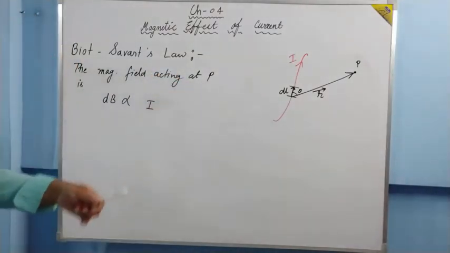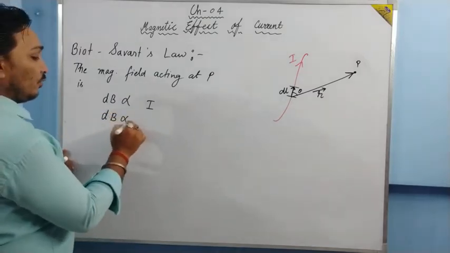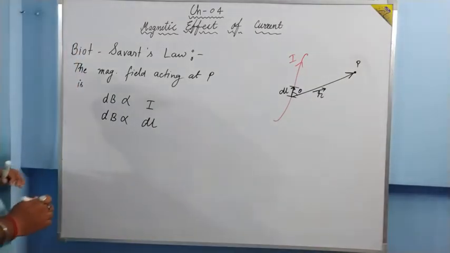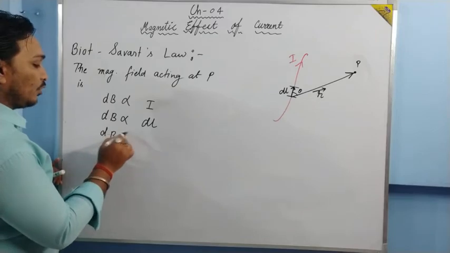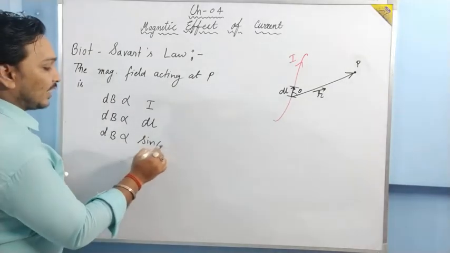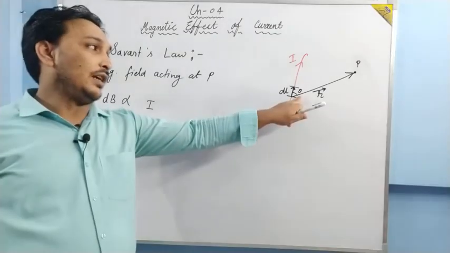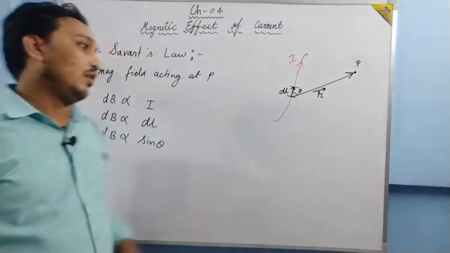What is the current flowing through the wire? Next, dB is proportional to dl, the length of the length element. And dB is proportional to sine theta, where theta is the angle made between dl and r.